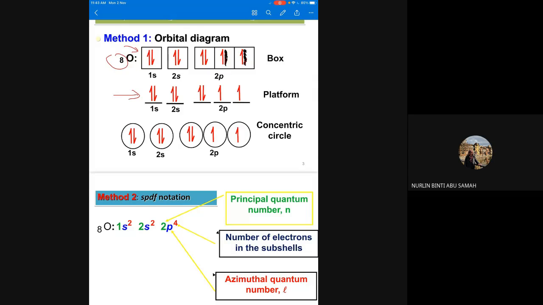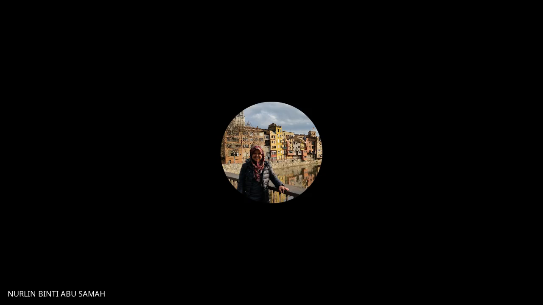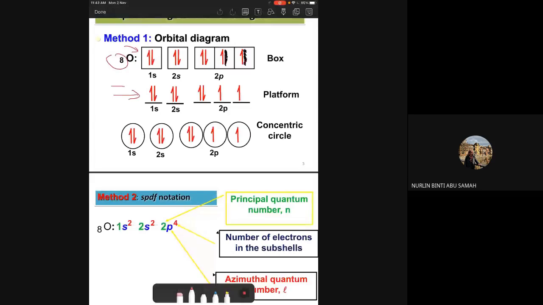Okay, macam 1s ni, the way you put the electron is dia kena macam ni, satu, dua. Dia kena isi macam tu. 1s dengan 2s, dia berlainan energy level dia.